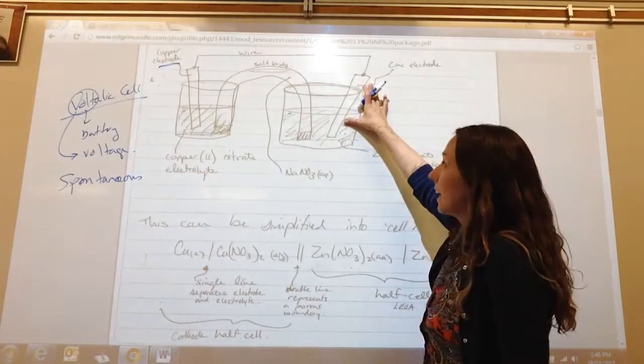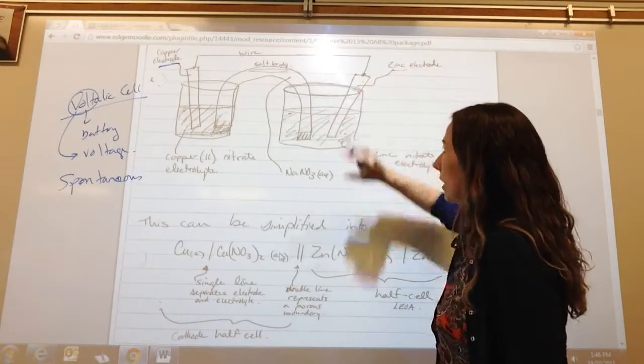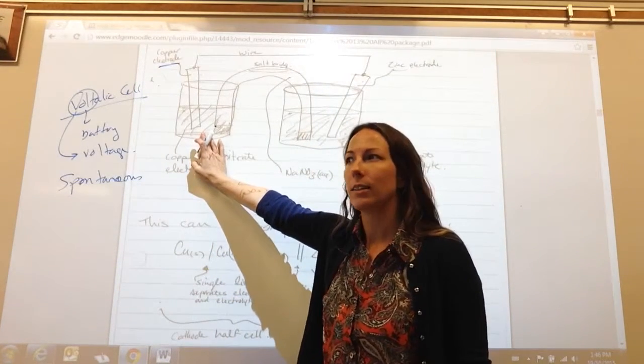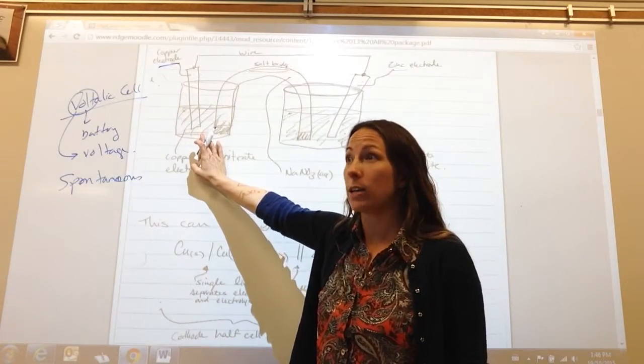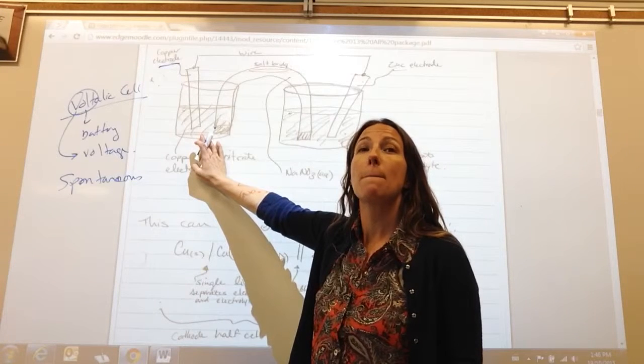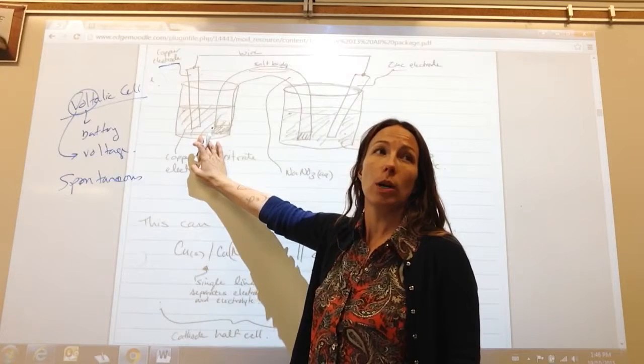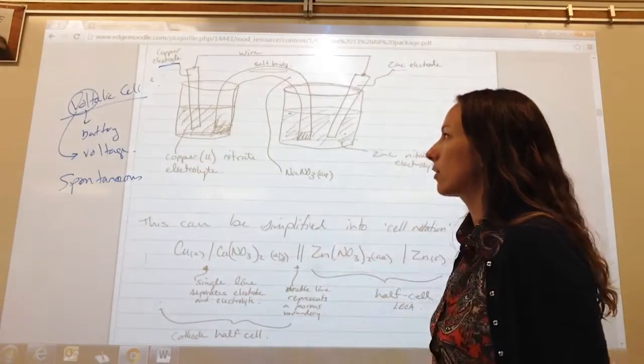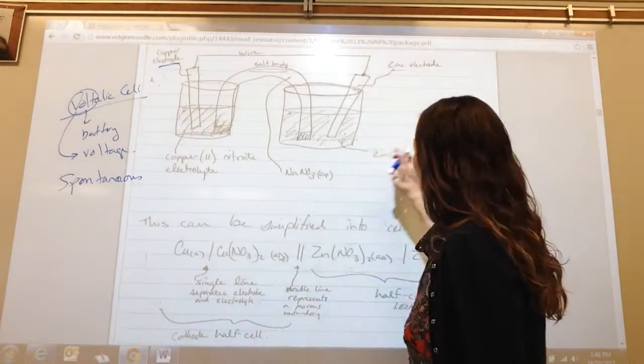Here's another solid electrode. Here I have zinc for my electrode. And my electrolyte, what's the definition of an electrolyte? An aqueous or liquid that conducts electricity. Good. So here's some aqueous solutions that conduct electricity. Here I have copper nitrate. Here I have zinc nitrate.